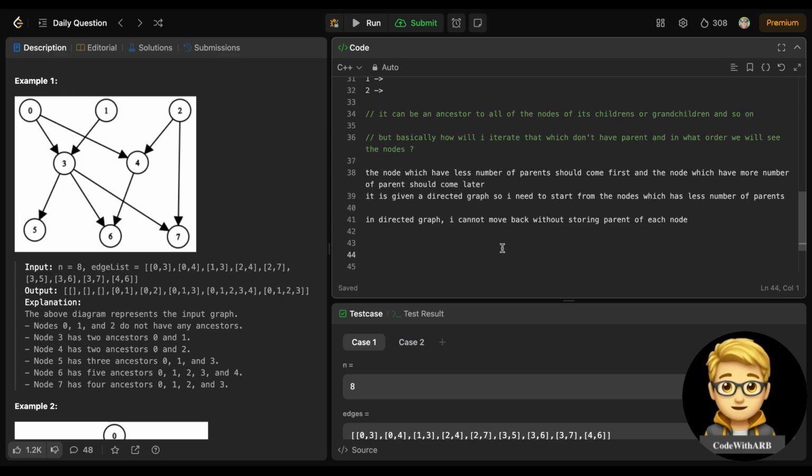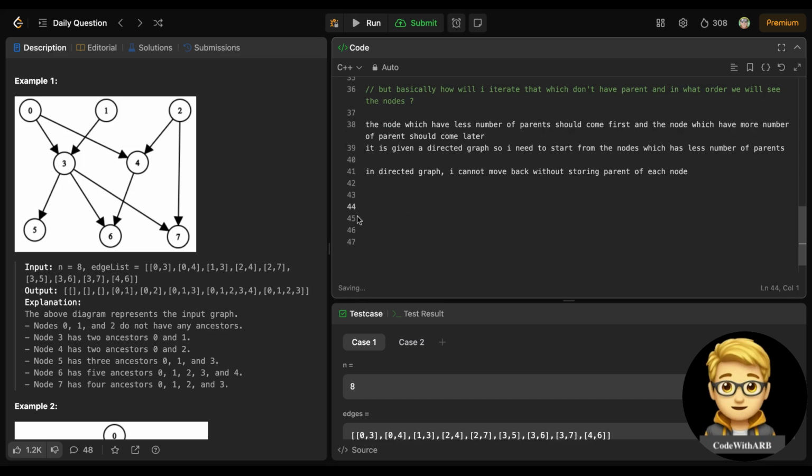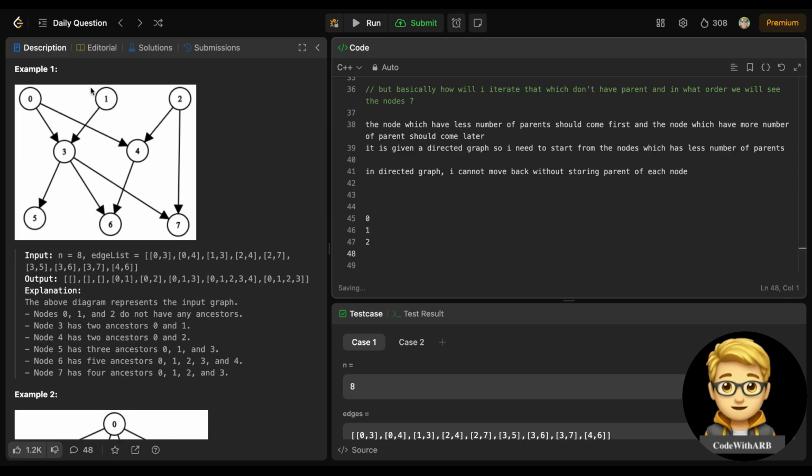So basically, I will start from the nodes which have fewer parents. In this example, 0, 1 and 2 have no parent, so 0, 1 and 2 should come first. After 0, 1 and 2, which nodes should come first? 3 and 4.